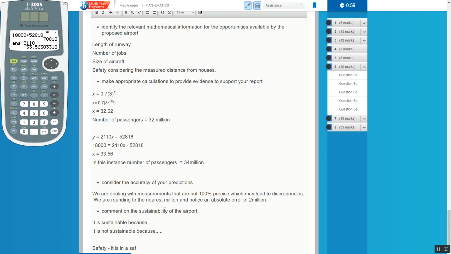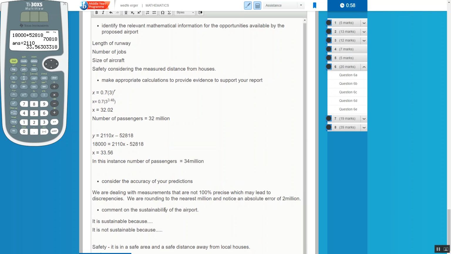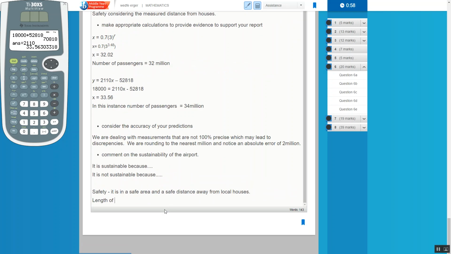So you can talk about safety. It is in a safe area and a safe distance away from local houses. We could talk about the length of runway.